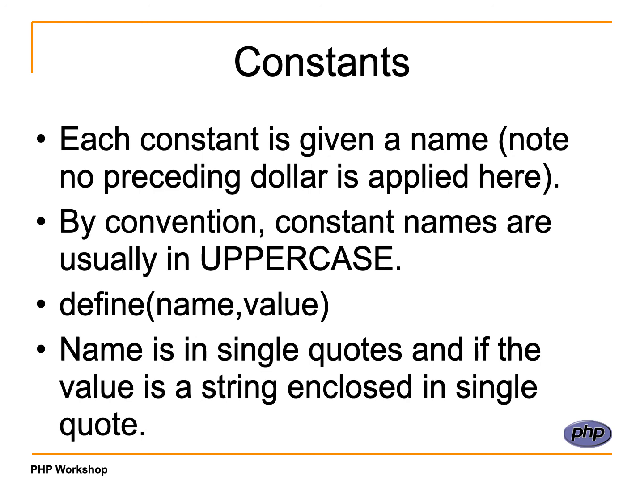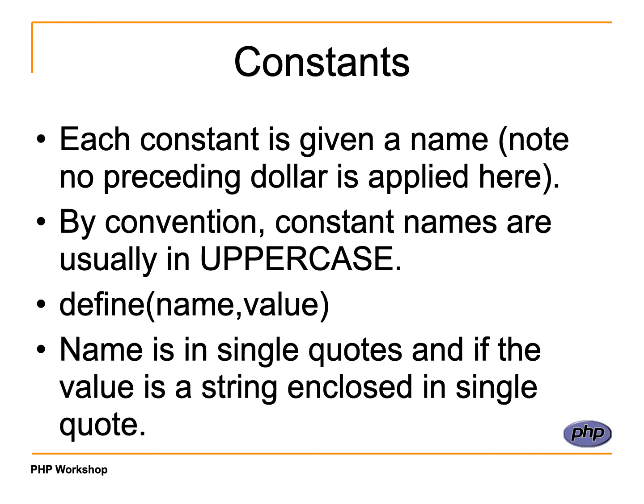For example, name COLLEGE and value physat, both enclosed in single quotes. So the name of the constant is COLLEGE and the value associated with the constant is physat.